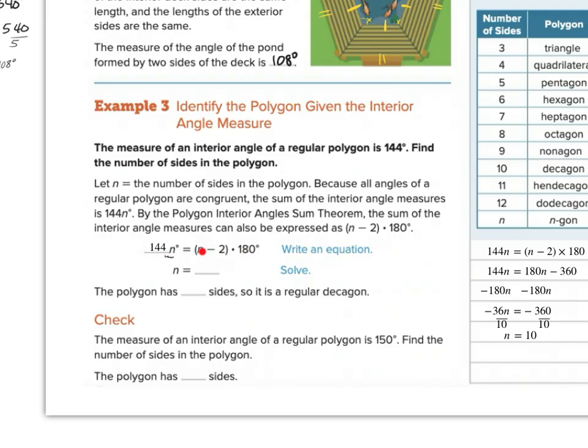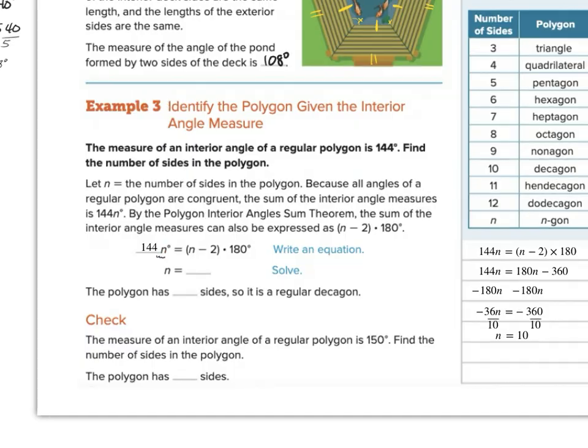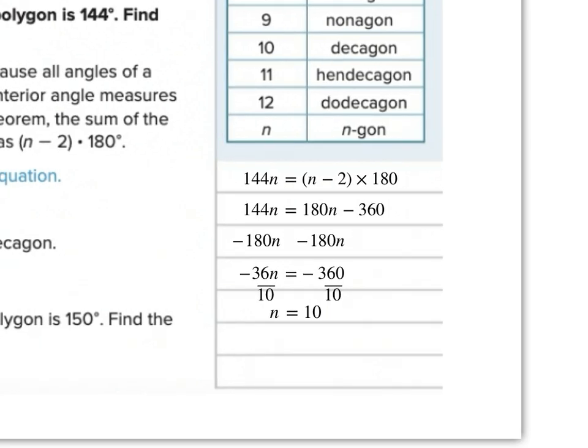So I have variables on both sides, and I end up needing to do some fast math. They didn't give me enough room over there. 144 times n, or 144n, equals n minus 2 times 180. I distributed the 180 into my parentheses, order of operations, right? 144n equals 180n minus 360. I subtracted 180n from both sides because I'm trying to get all of my variables on one side.